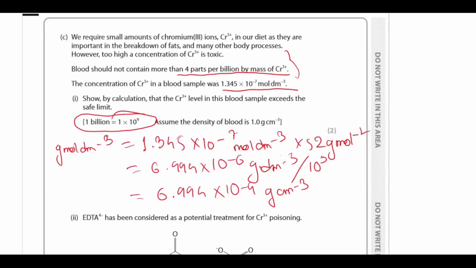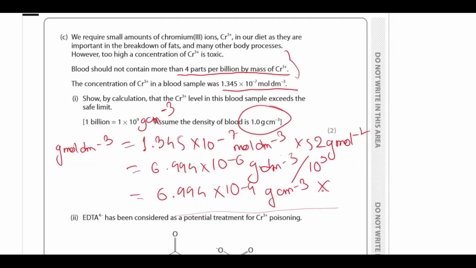Okay, so we basically want to get parts per billion, so we can just multiply this with of course this one down here. Since they said here to assume the density of blood to be 1 gram per cm cube, that means 1 billion represents 1 gram times 10 to the power 9 gram per cm cube. So you can just multiply this with of course 10 to the power 9.